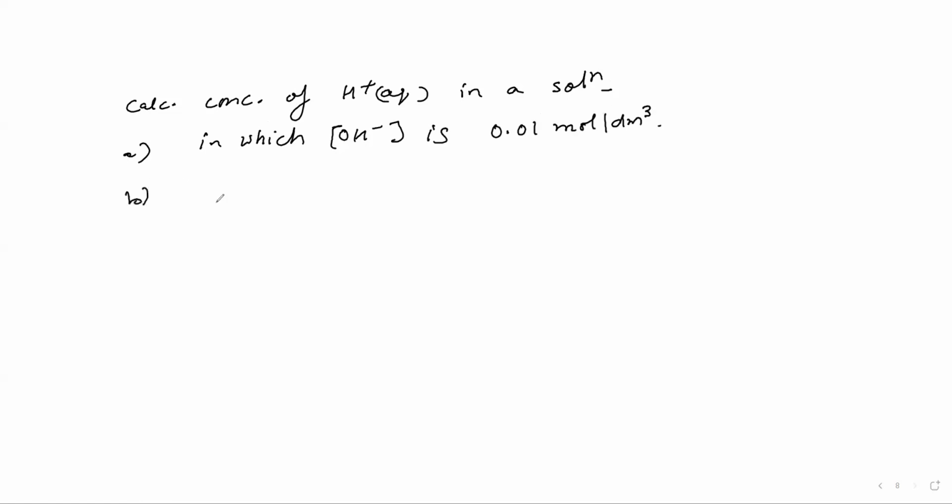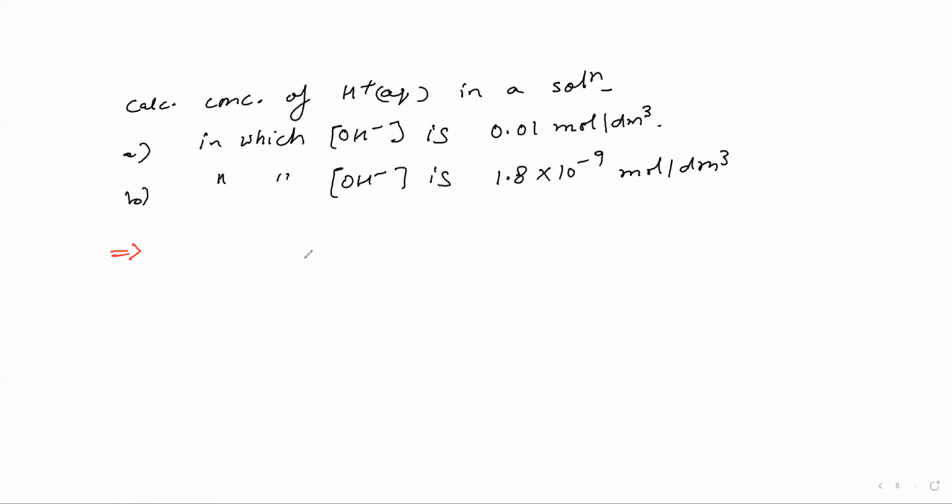So this is the A part, and the B part is in which OH negative concentration is 1.8 into 10 to the power negative 9 mole per decimeter cube. Okay, so pause the video and try it.